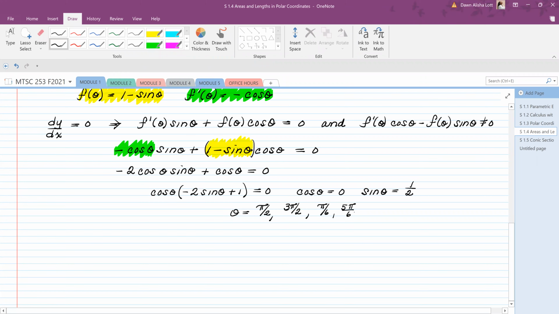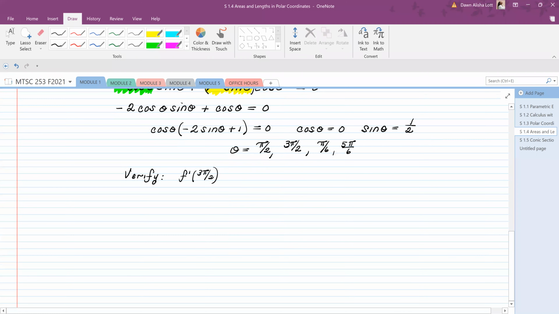Now, I can tell you, we can knock out, you can just verify. But I truly believe that f prime of 3 pi over 2. Well, let's see. What does this thing look like?